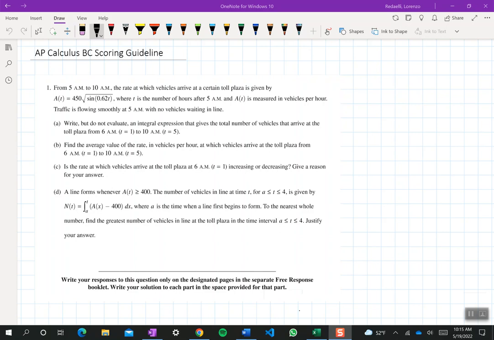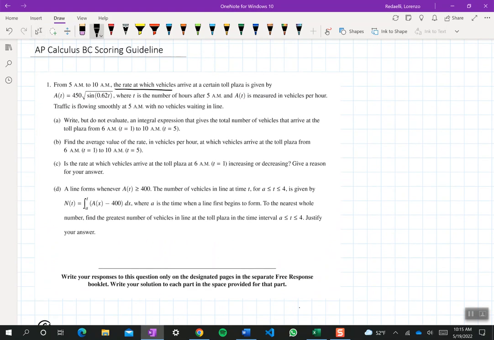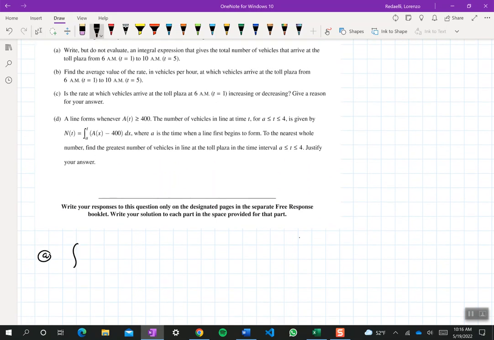Part A is asking to write, but do not evaluate, an integral expression that gives the total number of vehicles that arrive at the toll plaza from 6 a.m. to 10 a.m. Since it's giving us the rate at which vehicles are arriving at the plaza, we're simply going to write the integral from 6 a.m., which is t equals 1, so from 1 to 5 of A of t dt, which gives the total number of vehicles that arrived during that interval of time.